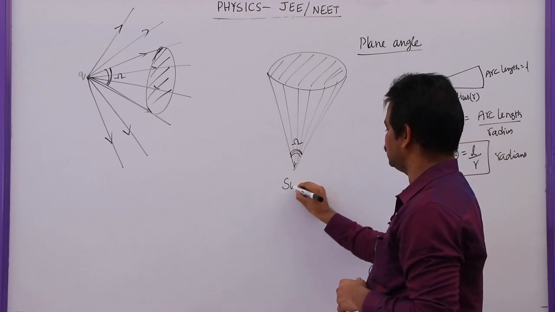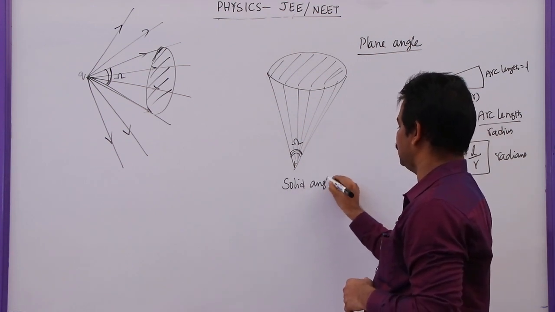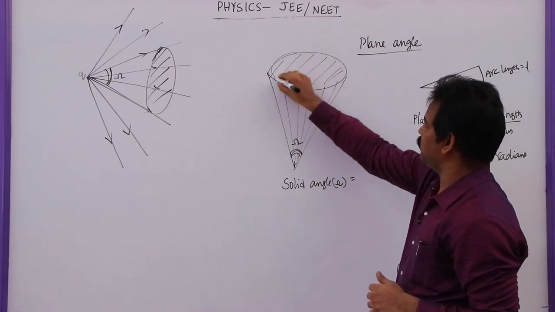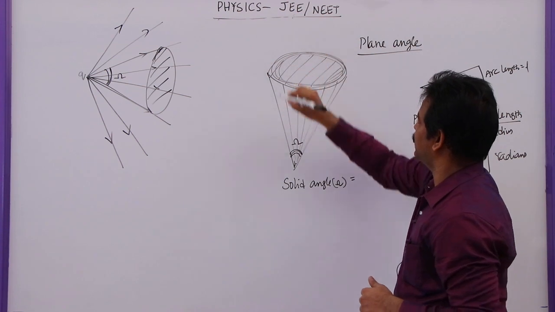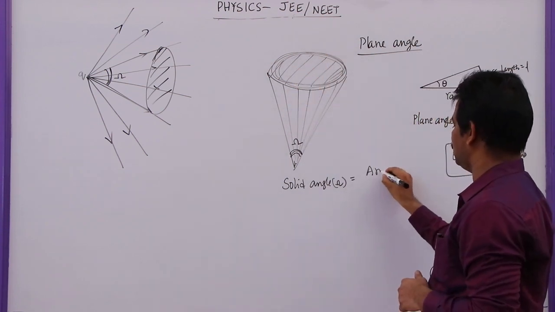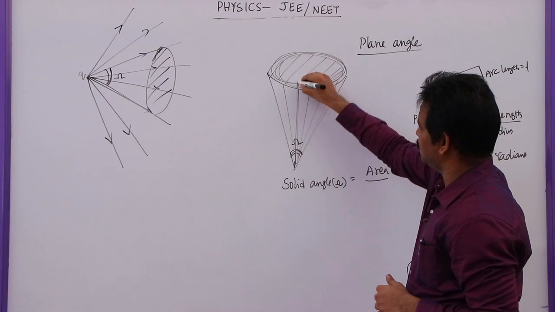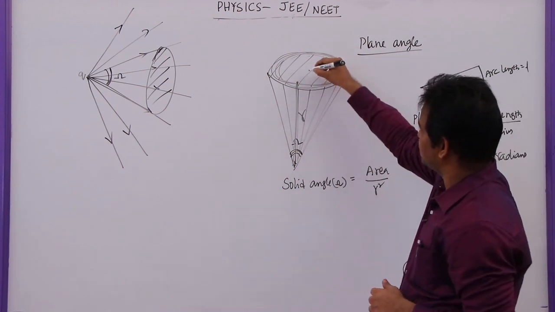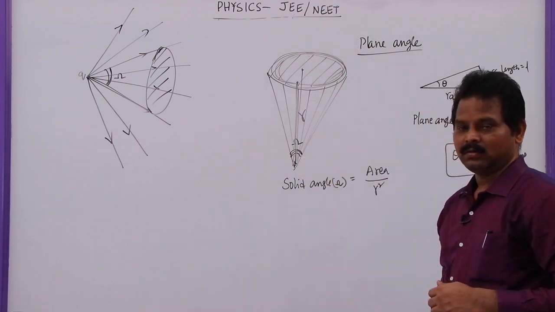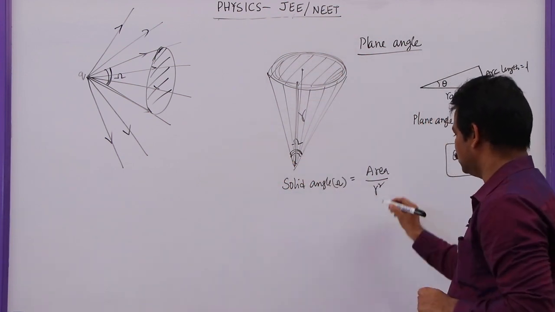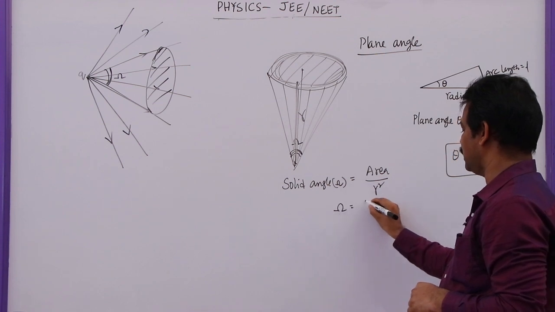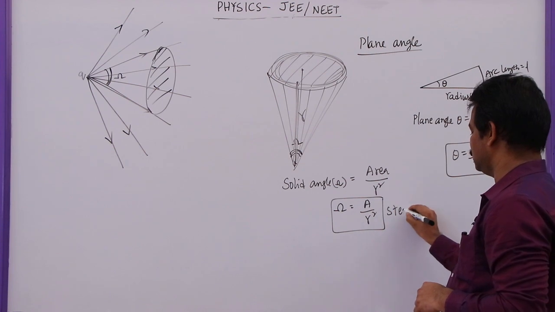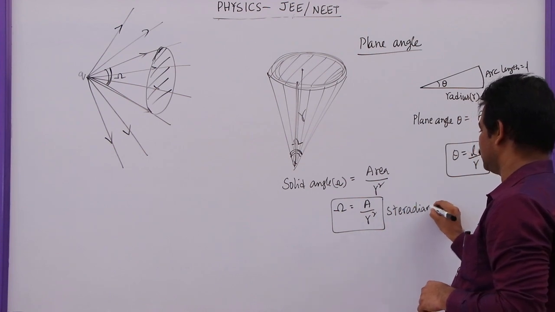The solid angle omega is given by the area of the given surface, A, by r square, where r is the distance from the center to the vertex of this cone. So solid angle is given by A by r square, and this is measured in steradians.